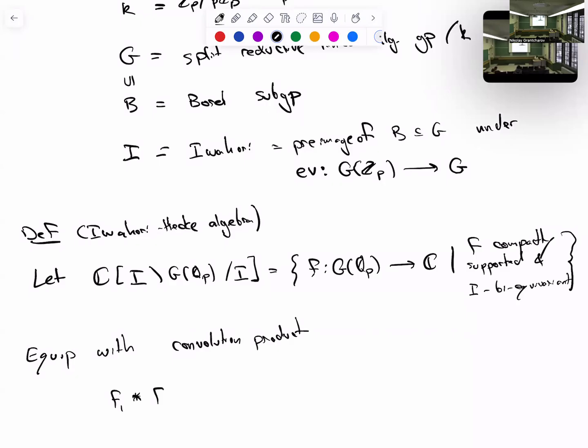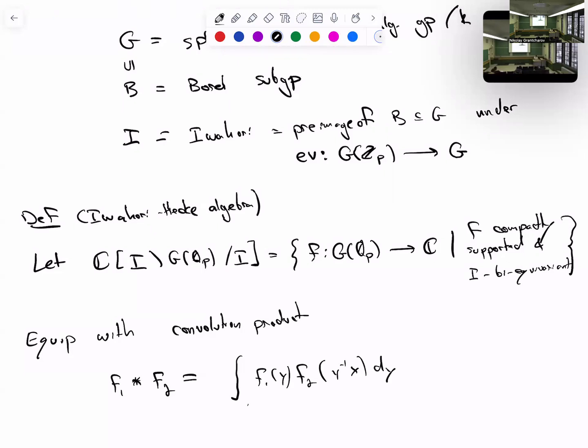This, to remind you, is given by integrating f1 of y times f2 of y inverse x. So this p-adic group is a locally compact group, so it has a Haar measure, and we integrate with respect to this Haar measure.